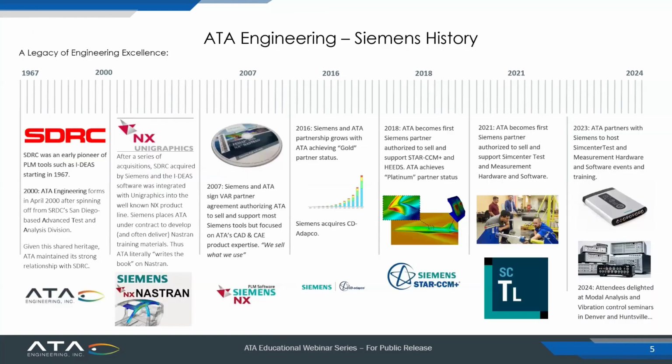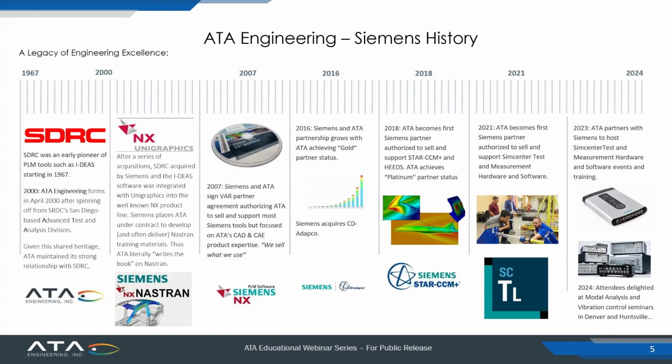This is an interesting slide, showcasing the ATA and Siemens partnership over the years. It started with a company called SDRC back in 1967, which developed a popular PLM tool called I-DEAS. At the time, ATA was part of SDRC, with ATA standing for the Advanced Test and Analysis Division.